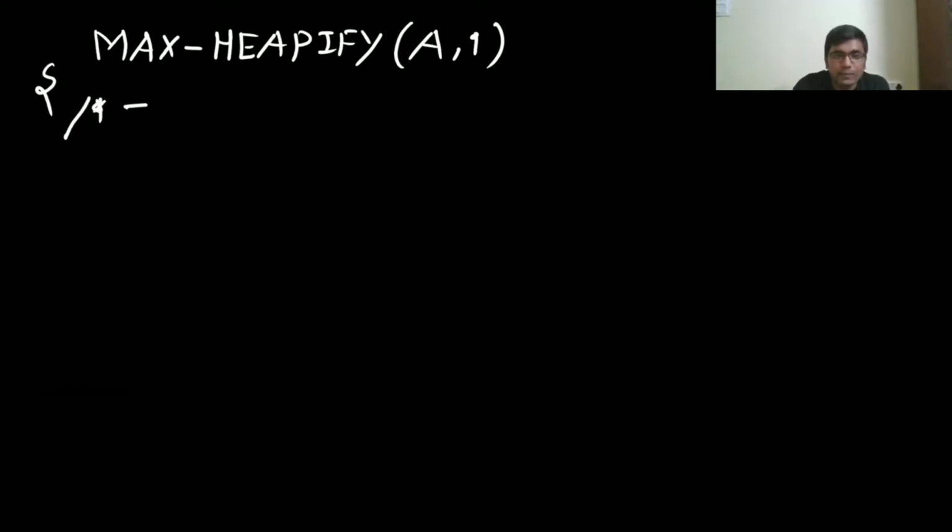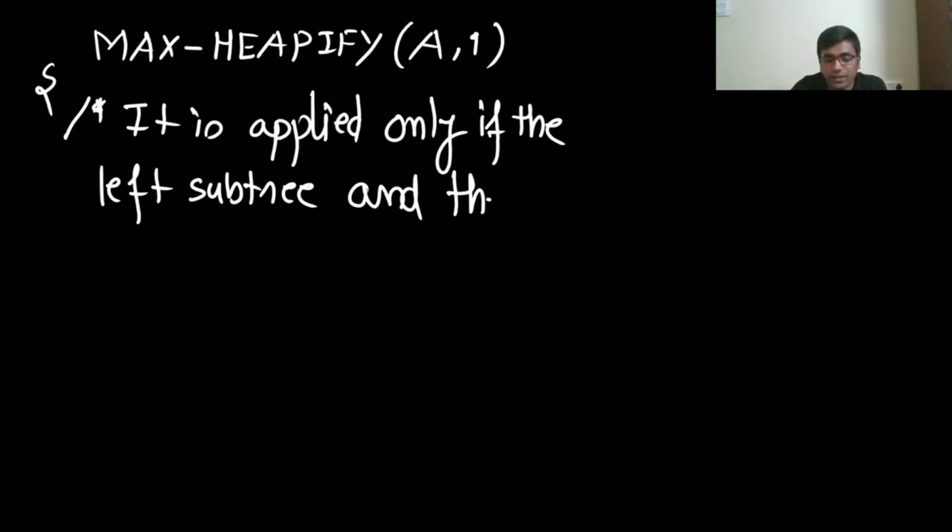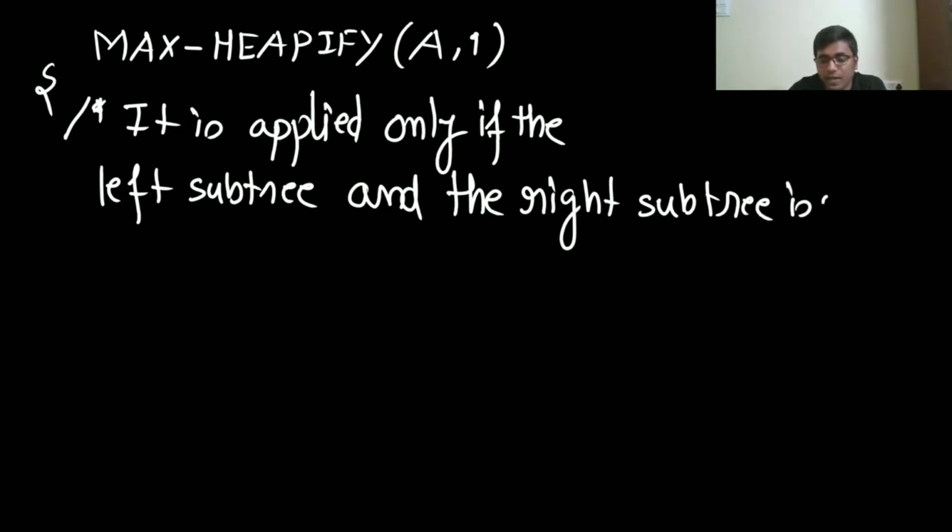It is applied only if the... it is very important. You can't apply Max-Heapify on every complete binary tree. You can apply it only if the left subtree and the right subtree are Max-Heaps.